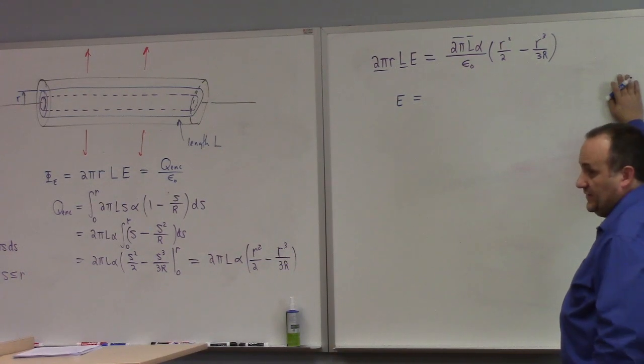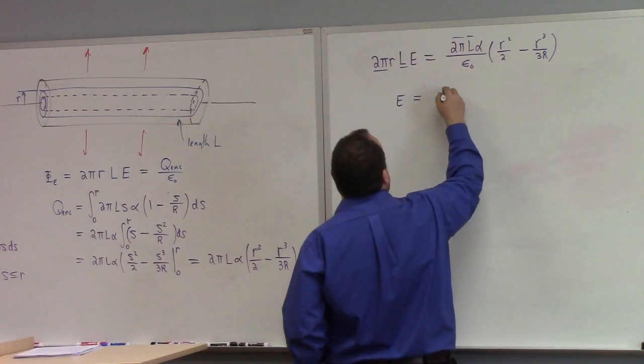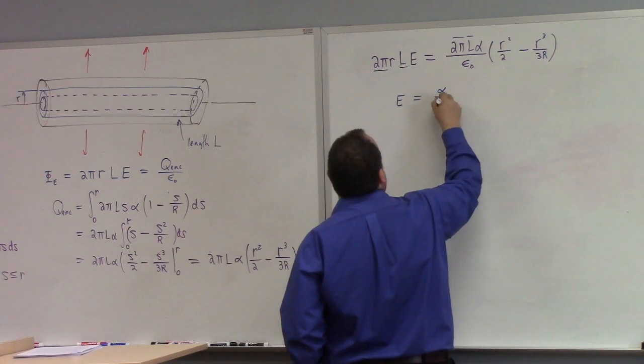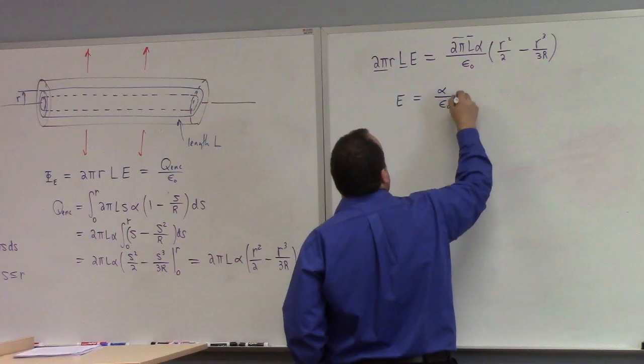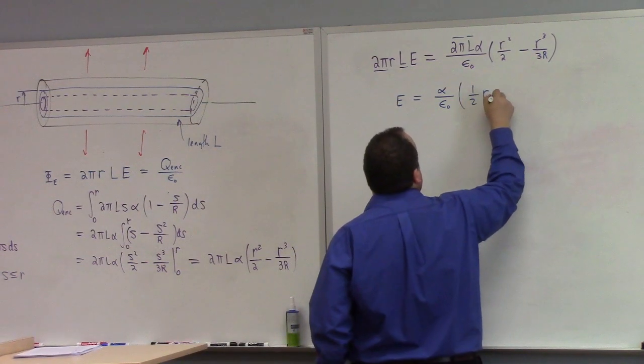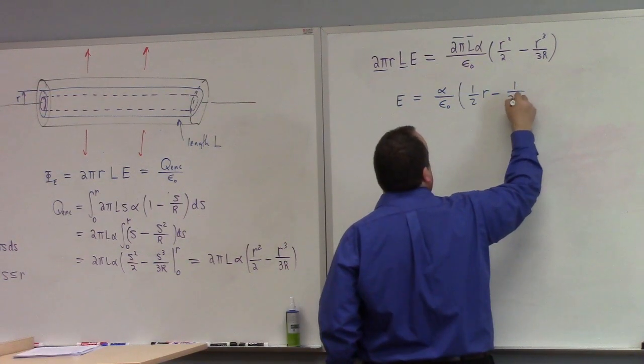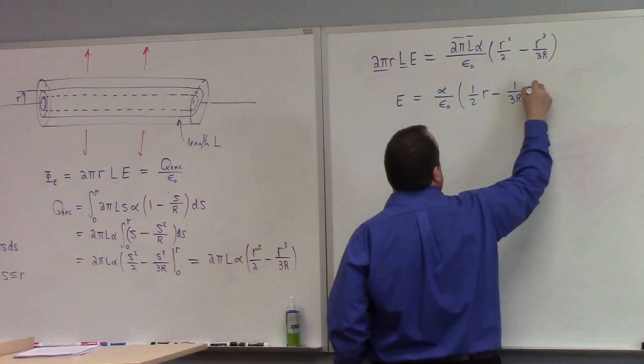Basically, what it boils down to is just divide by little r, and you got yourself alpha over epsilon naught, right? Times 1/2 r minus 1 over 3R r squared, I think.